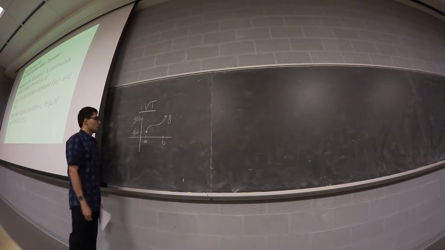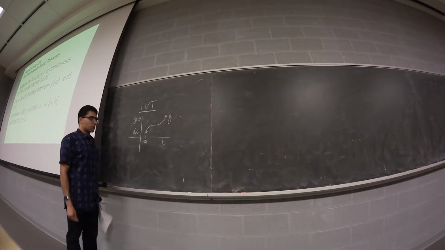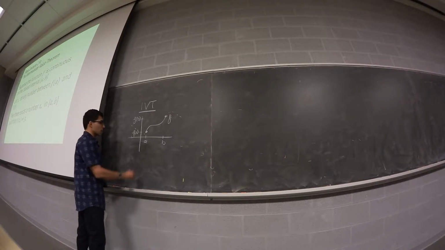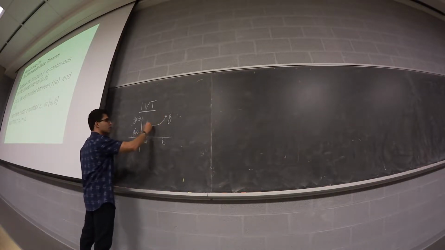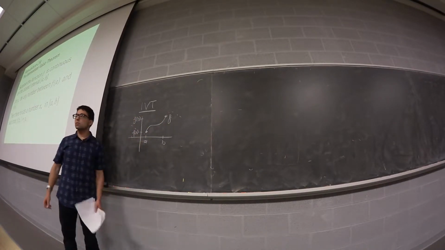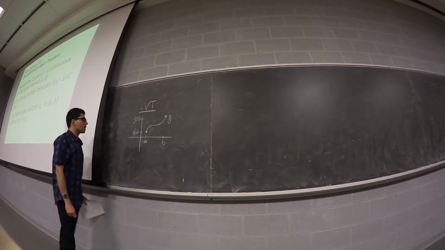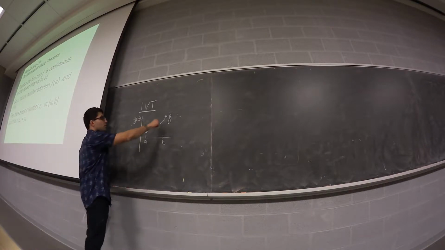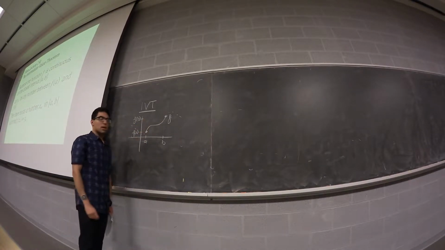Okay? That's as intuitive as it could possibly be. If you have to get from here to here and you've got a continuous thing, then you've got to hit every value in between. That's it. Okay? Because continuous functions can't jump.